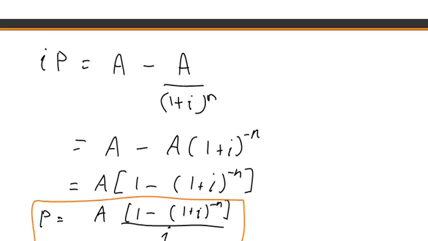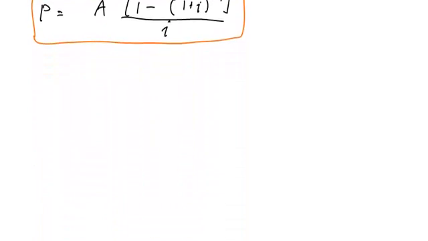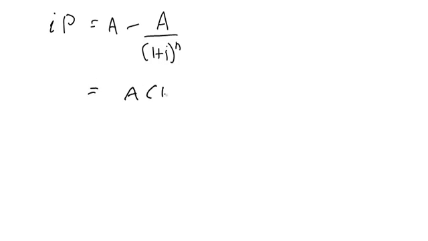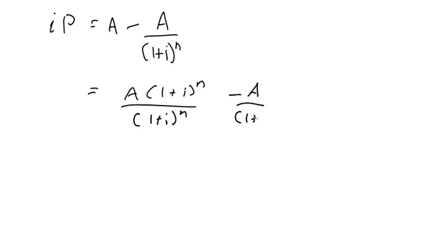An alternative formula would be if I started with the same thing, iP equals a minus a over 1 plus i to the n, and put it over a common denominator first. So I can times this one on the top and the bottom by 1 plus i to the n, so that the bottoms are the same.